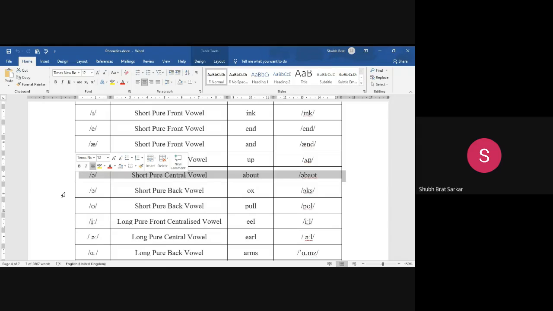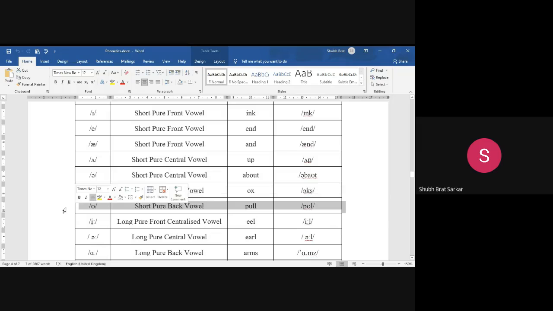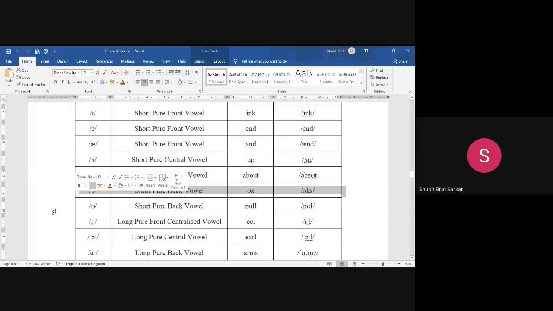ɒ, as in ox. So ɒ is a rounded vowel. ʊ, as in pull. So ʊ is a rounded vowel. So the short vowels, 7 in number: 5 unrounded, 2 rounded, ɒ and ʊ.